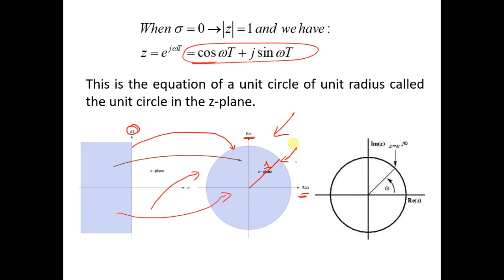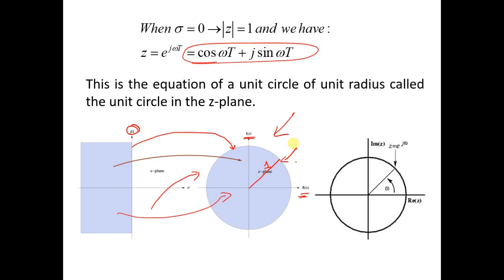This is one of the questions in the comprehensive viva: where is the frequency axis in the Z plane? Believe me, 99% of students forget these concepts and are not able to answer this. If your basics are clear, you will be able to answer.